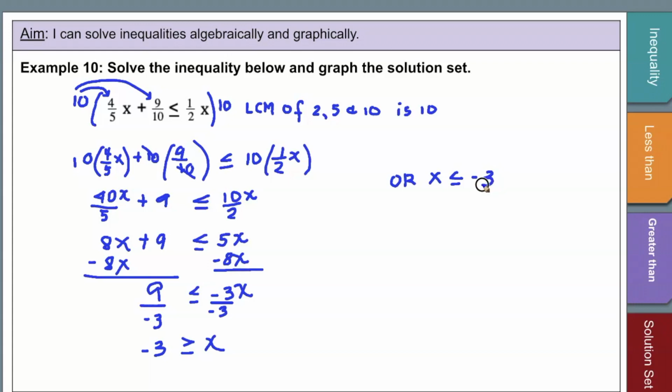The solution set is all numbers less than or equal to negative 3. It is a solid circle or a dot because this involves an equal sign.